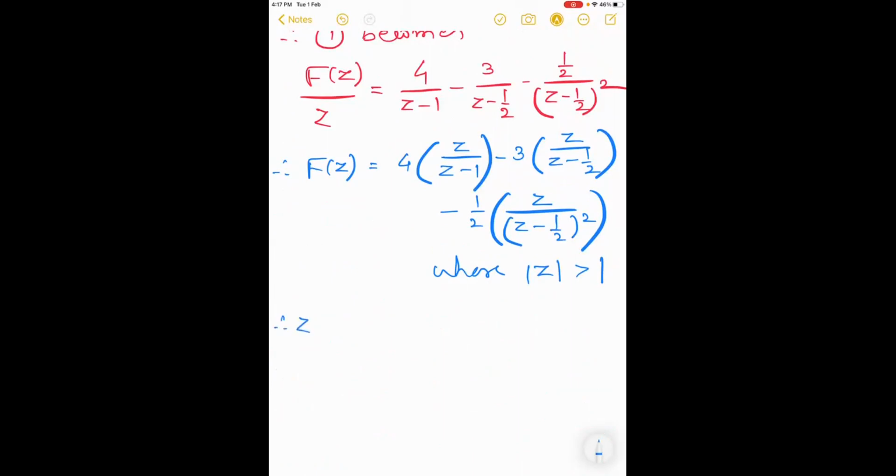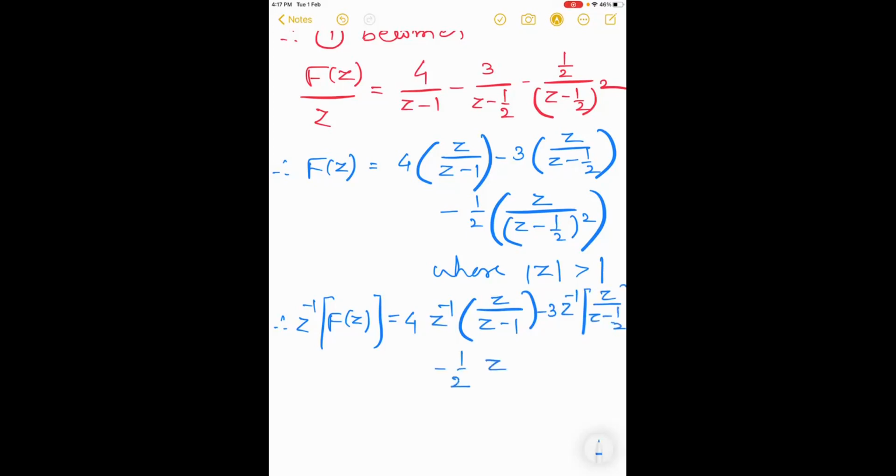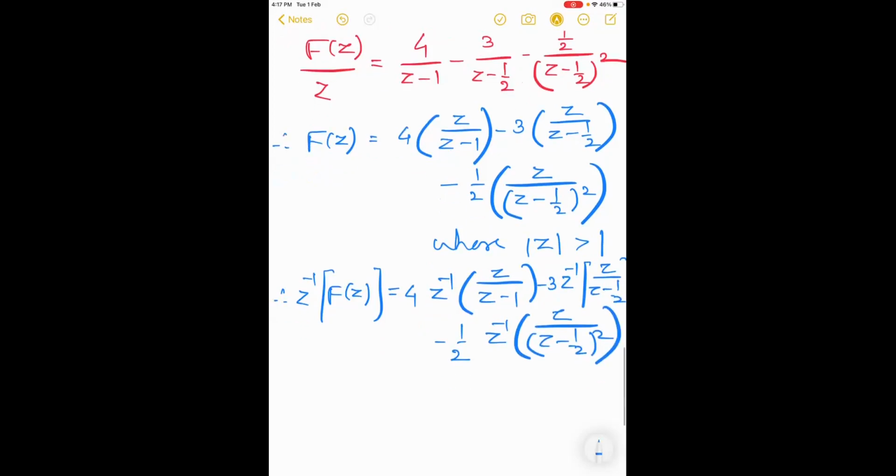Therefore, Z inverse of F(z) is equal to 4 times the inverse transform of only Z, minus 3 times Z inverse transform of Z upon Z minus half, and minus half Z inverse of Z upon Z minus half square, for mod Z greater than 1.